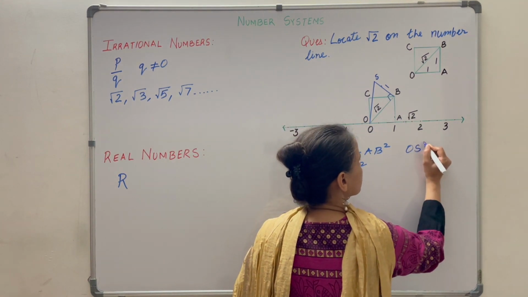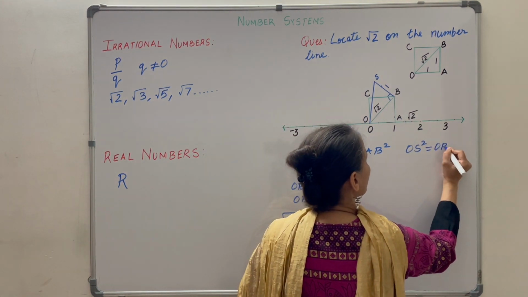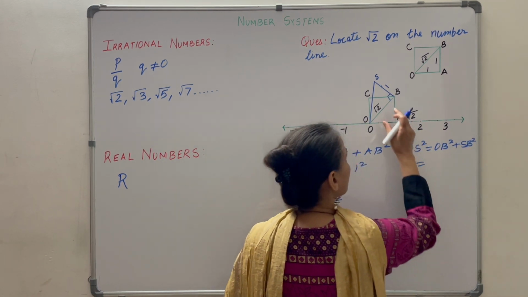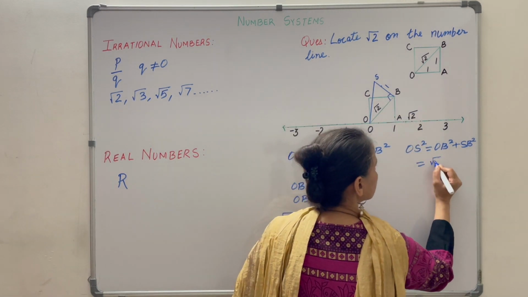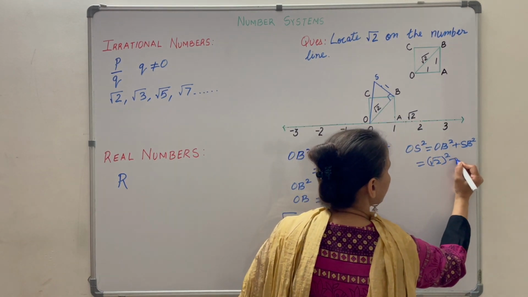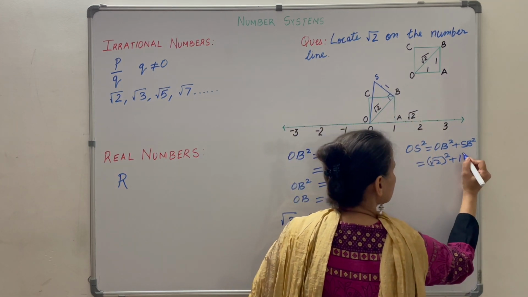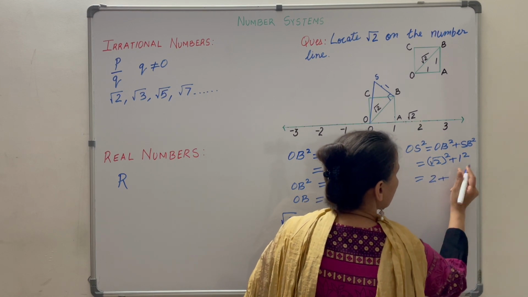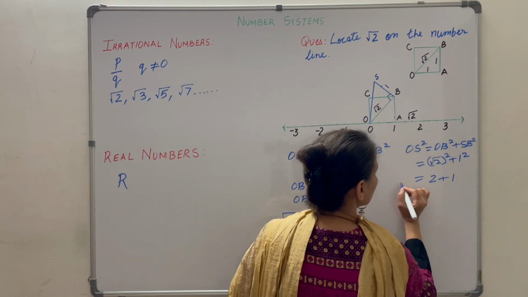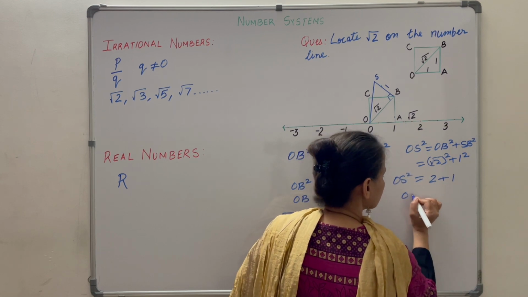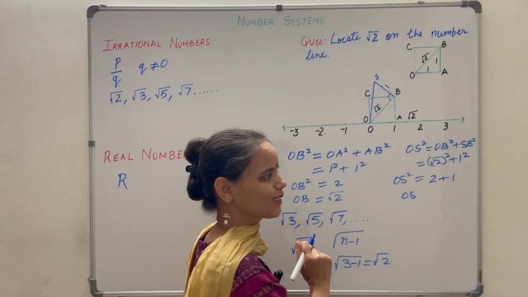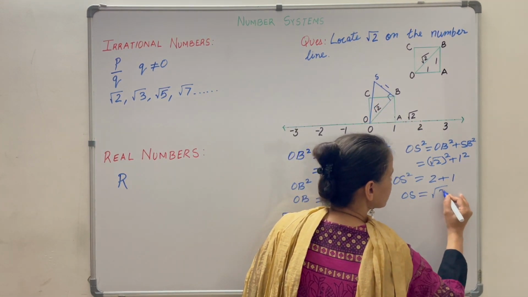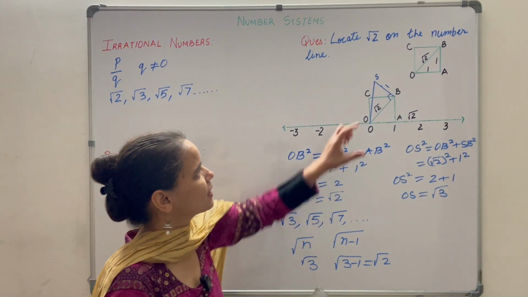Here OB is root 2, so OB square means root 2 square. SB is 1, so this is 1 square. The square of square root of 2 gives 2 and 1 square is 1. So you got OS square as 3. Now take square root on both the sides, and you will get OS, which is root 3. So this length is root 3.